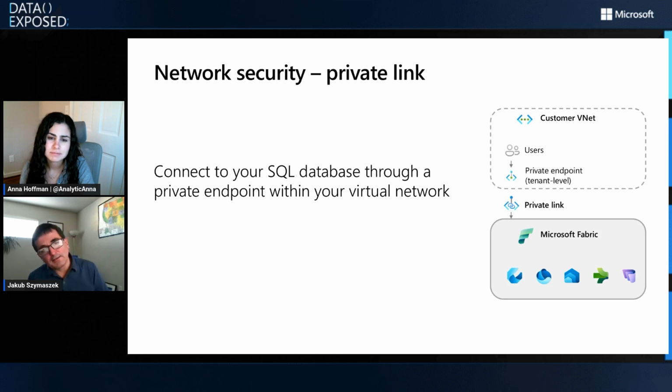Now, unlike many of the other features we discussed earlier, which are just enabled and ready to use in Fabric, this is not one of them, right? It's not something we can just enable by default for all customers for multiple reasons.